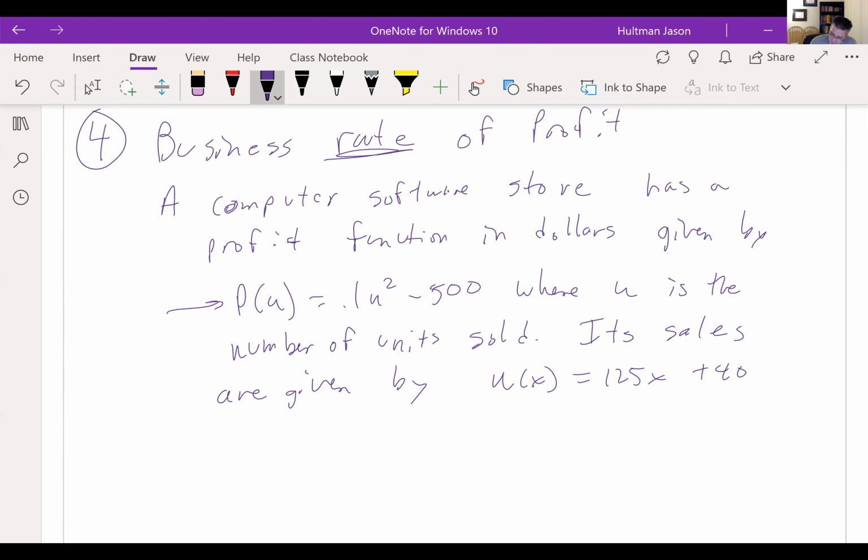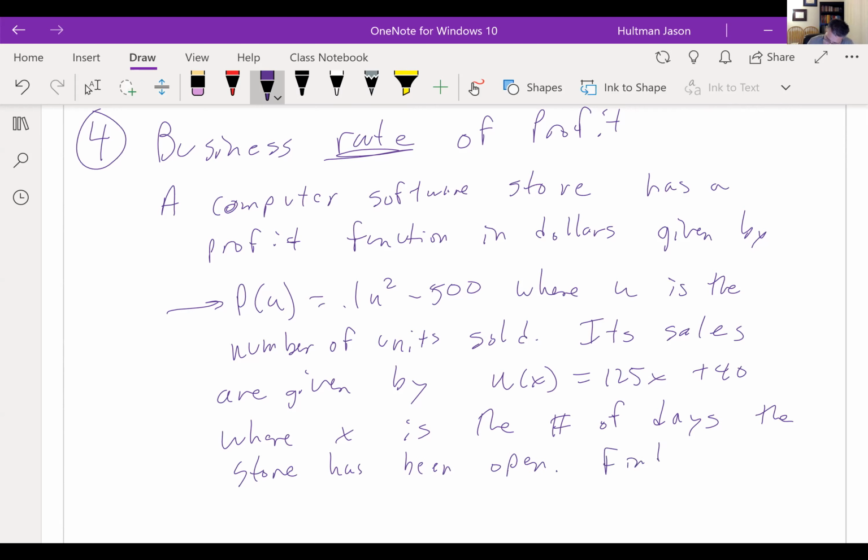Where x is the number of days the store has been open. Okay, find the rate at which the profit is changing on the 5th day.